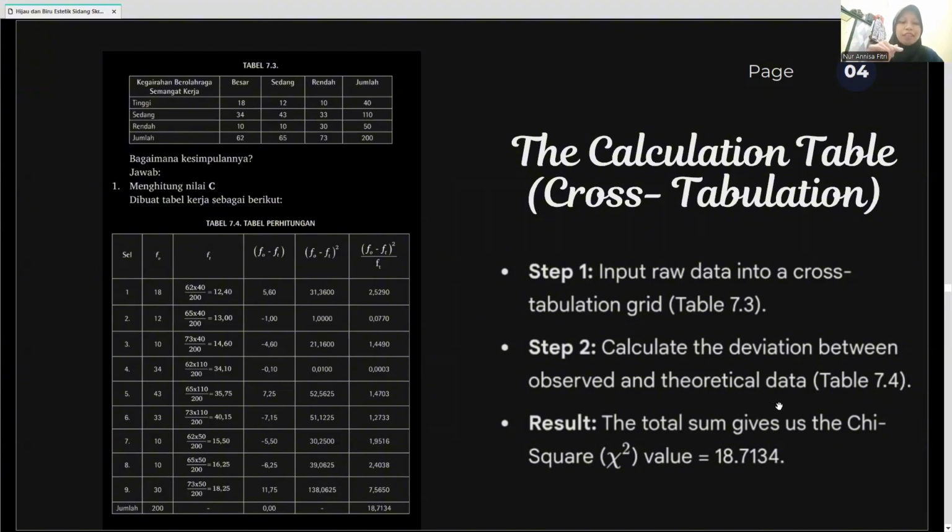You don't need to stress over the exact numbers because the main point here is just a tool to sum everything. At the bottom right corner, we finally get our total chi-squared value, which is 18.7134. We will then plug this number into our main formulas.